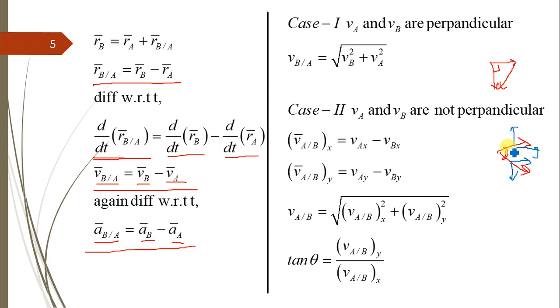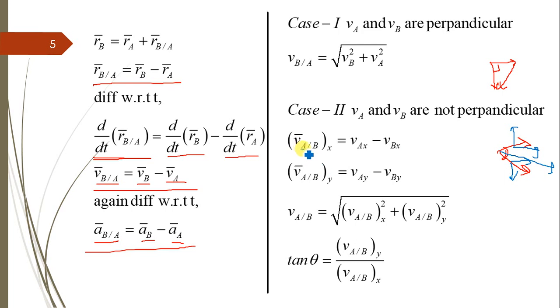Now here the velocity of A and velocity of B both act like two forces which get resolved into x and y components, and the resultant of these two forces is nothing but the relative velocity, A to B or B to A, determined as Vax minus Vbx and Vay minus Vby.